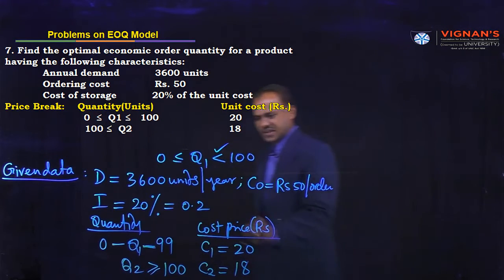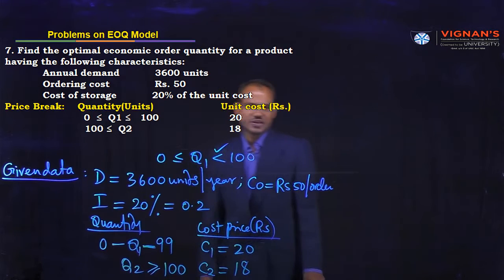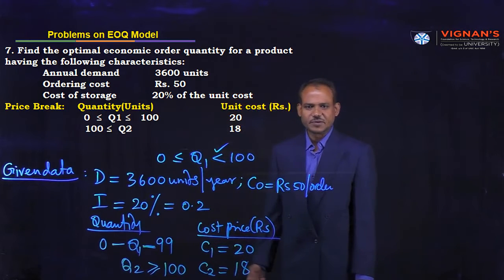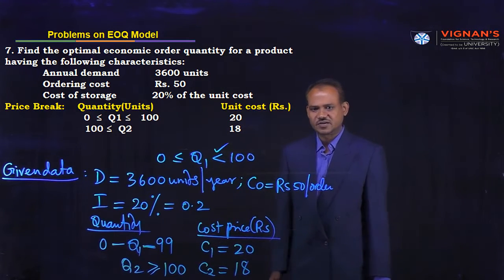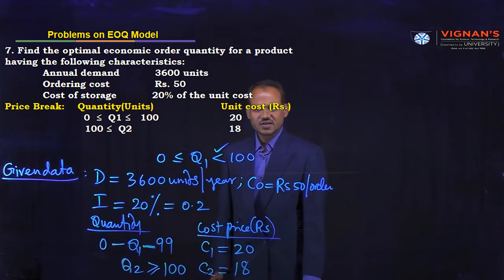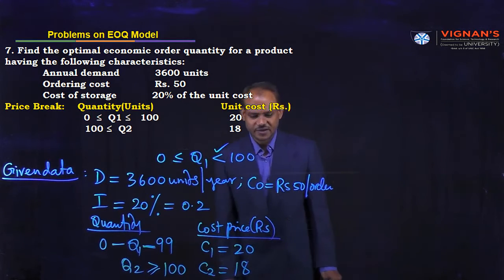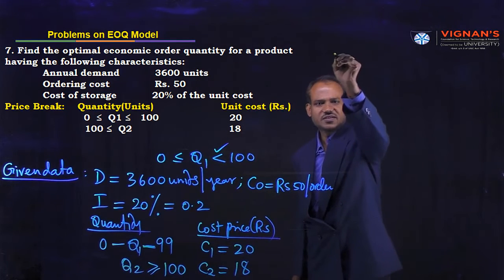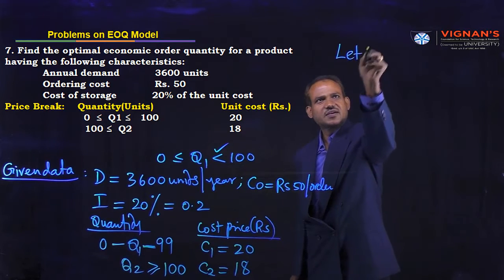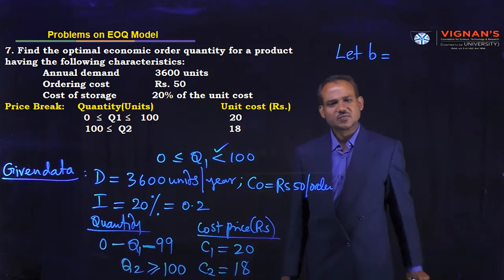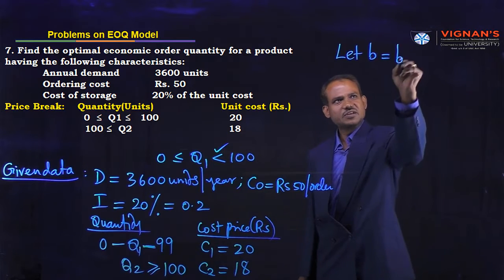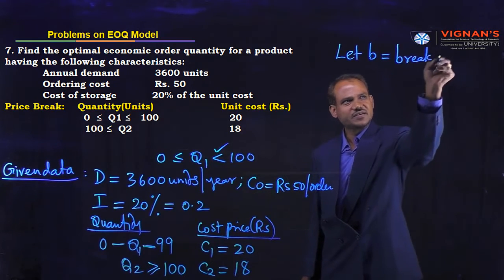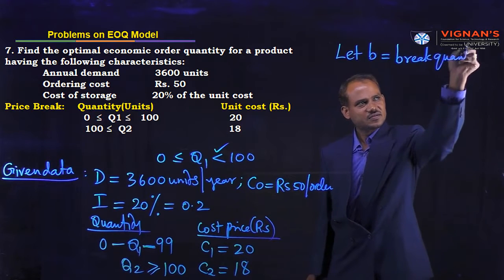Okay, next. Here price break happens. Quantity break, not price break, quantity break. Where is the quantity break? 100 is the quantity break. Let us assume, let B mean break quantity.